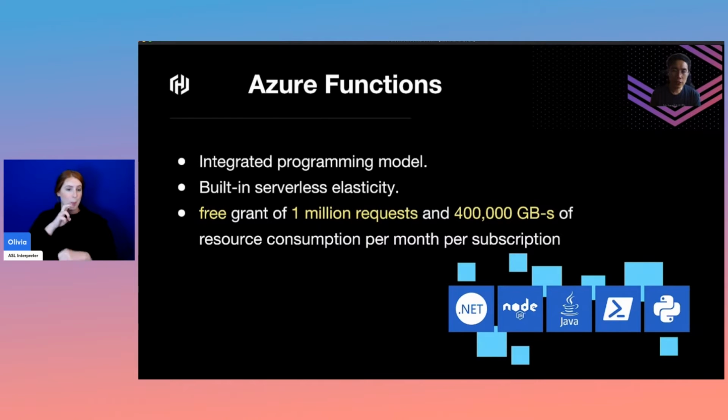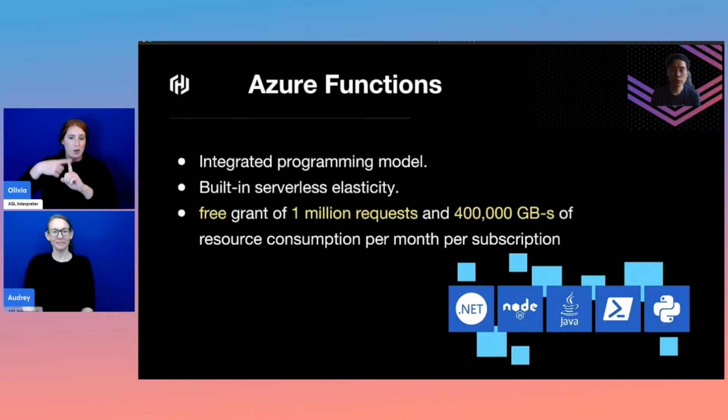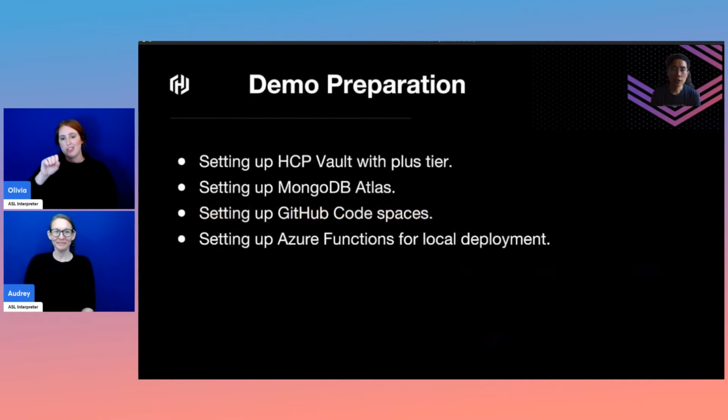Normally Azure Functions has a free tier that allows you to use 1 million requests and 400,000 gigabyte-seconds that you can use for free per month per subscription. This is for Azure.